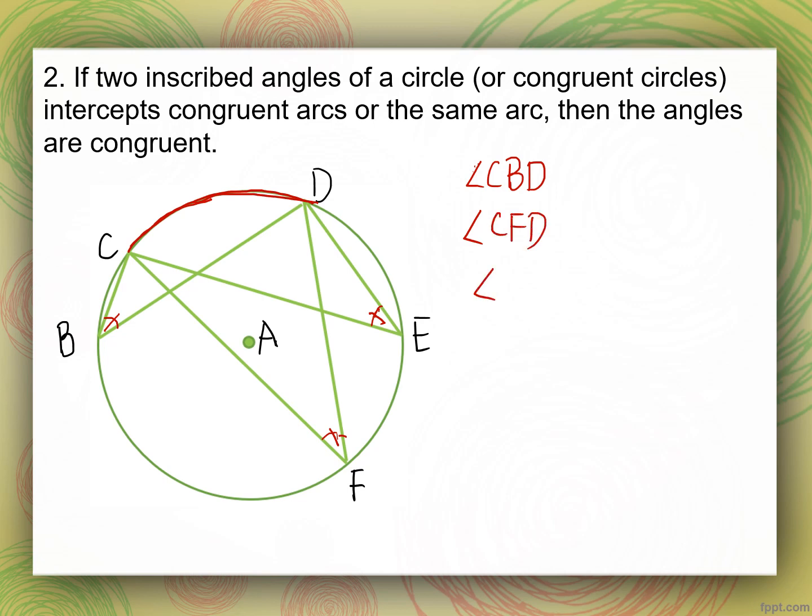And then angle CED. As you can see, the endpoints are C and D for all three angles here. We have CD here, CD also, and CD there. Just remember that it should be an inscribed angle for you to use this rule.